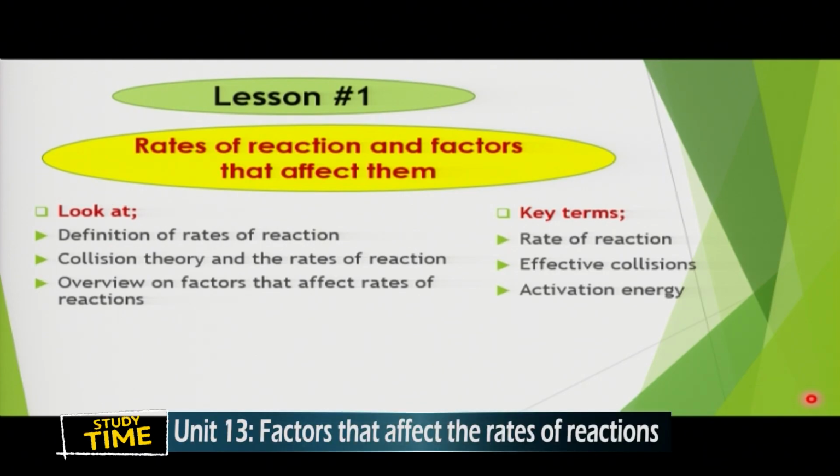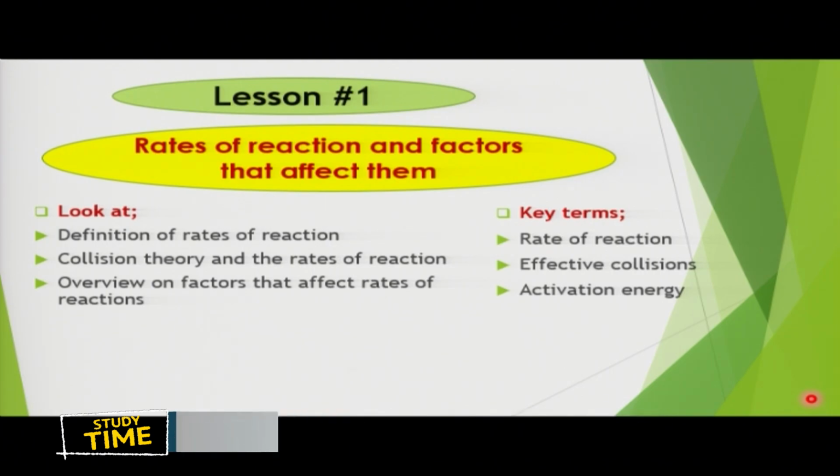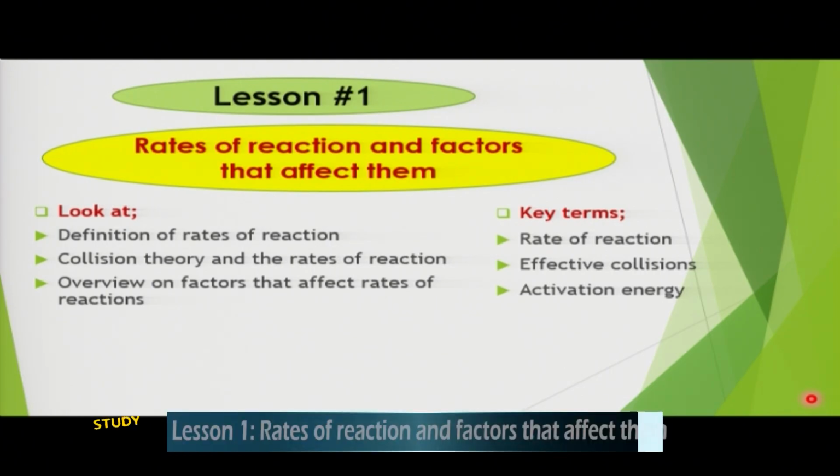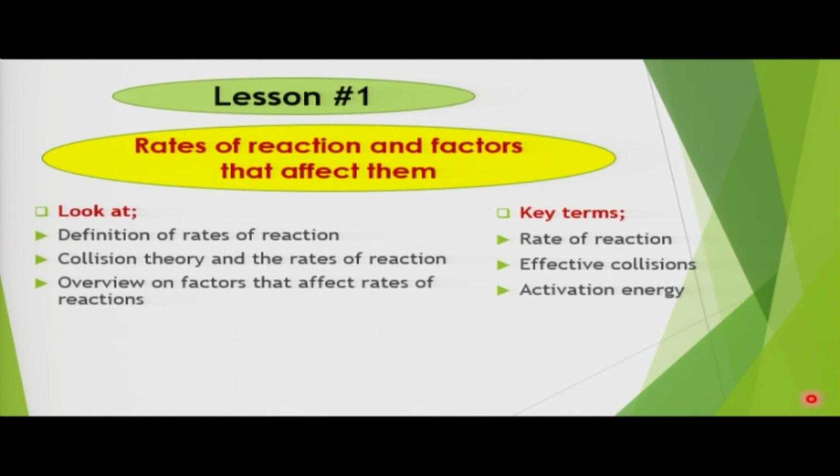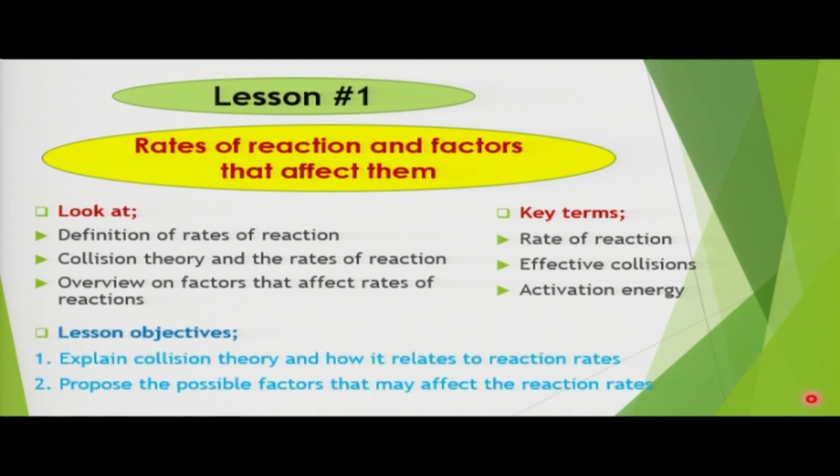What are the conditions to bring about effective collisions? And what exactly are collisions in terms of chemical reactions? Then activation energy. Briefly, those are the crucial terms you should not miss understanding in the whole of this lesson.